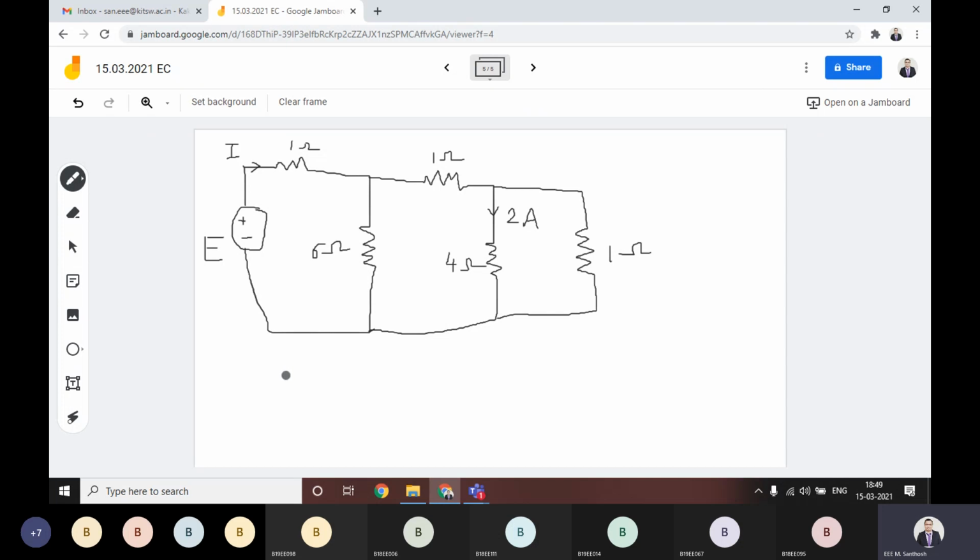Considering the following circuit, if the current across the 4 ohm, which is given already, is equal to 2 amperes, then what is the value of E and I? You calculate the value of E and I.